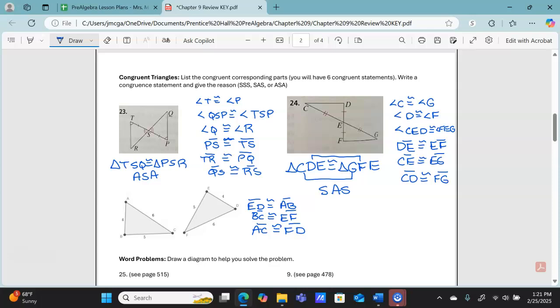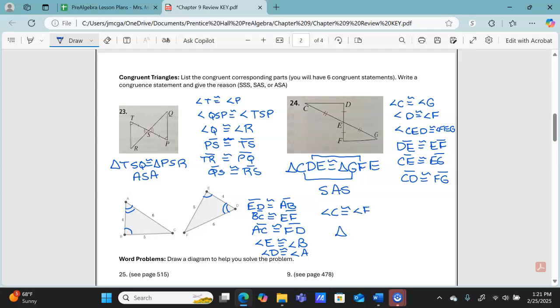That means the angle between the 4 and 5 is E. Over here, the angle between the 4 and 5 is B. So angle E is congruent to angle B. And then between the 4 and 6 is D. Between the 4 and 6 is A. So D goes with A. And then that means that angle C goes with angle F.